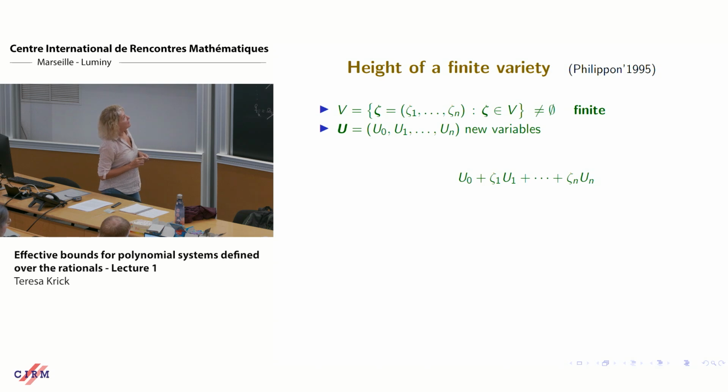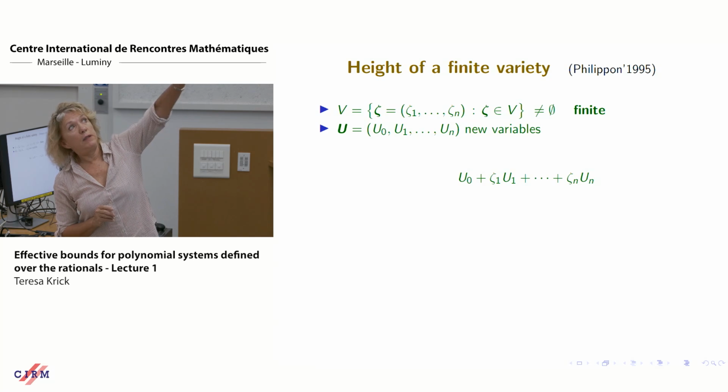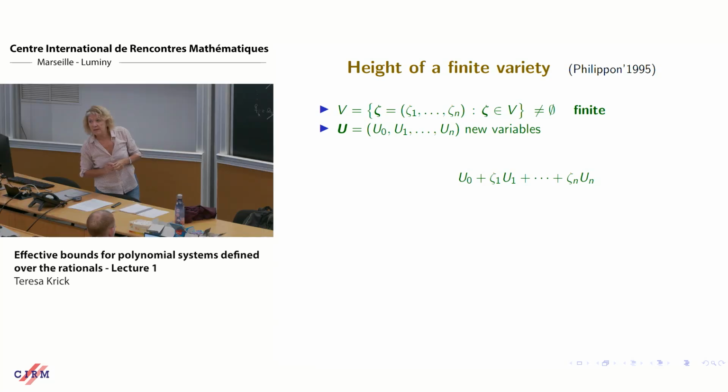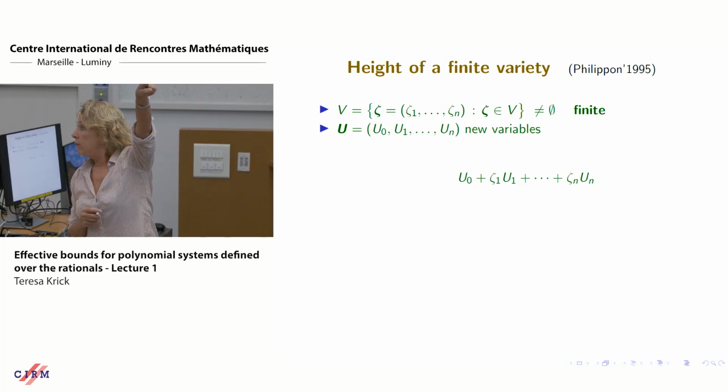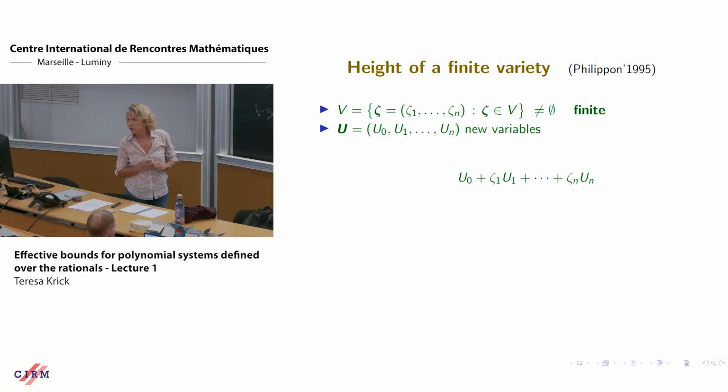So what he does, given, and I will only introduce it in the case of non-empty finite varieties, so you have a finite variety. My finite variety are these points zeta, and then I take these variables and look at what I wrote there. What I wrote there is a linear form with coefficients the coordinates of one of these points.